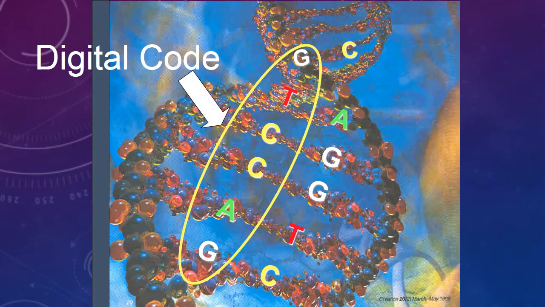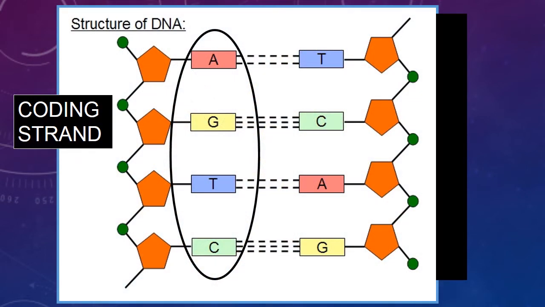Now, the digital code is read, the coding that builds structures is read vertically, up and down, kind of vertically if we were to take that DNA strand. You see the various letters there. Now, on the left is the coding strand, and that is where the information is made.